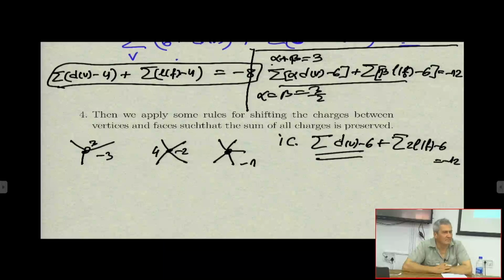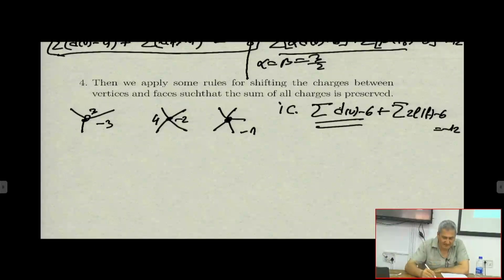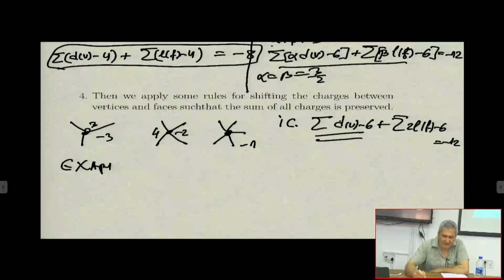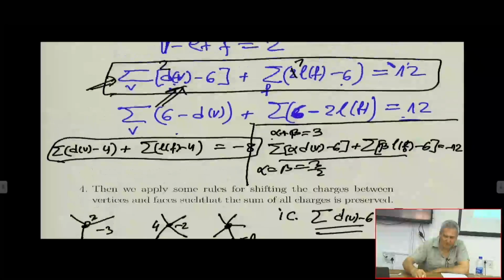Okay. Now we have to apply some rules that make these vertices have positive charge. When we have the initial charge, I thought you knew this.